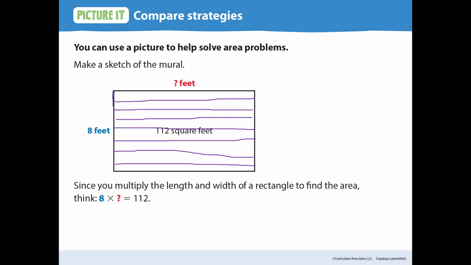So we have 1, 2, 3, 4, 5, 6, 7, 8. So there's 8 rows. Each one of these is 1 foot, so altogether it makes 8 feet. What we need to find is how many columns here across the length would make 112 square feet altogether.